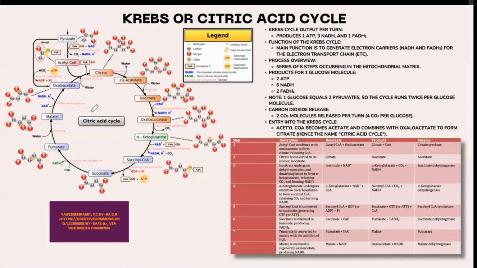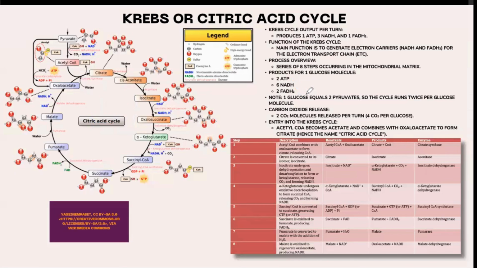This also means our NADHs, our FADH2s, and our ATPs are going to be doubled. Since it's churning 2 times, we're producing 2 ATPs, 6 NADHs, and 2 FADH2s.